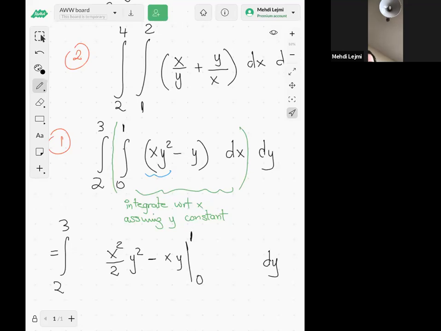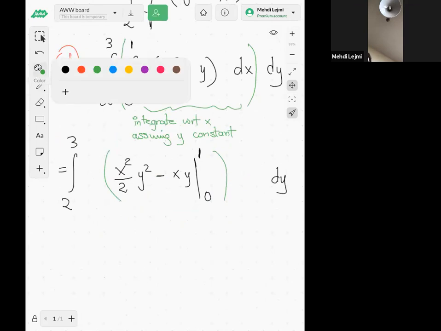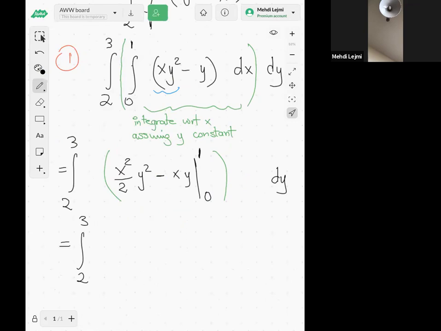Then we substitute x by 1 and then by 0. This is the integral from 2 to 3 of 1 squared over 2, y squared, minus, substituting x by 1, 1 times y. And now we substitute x by 0, so it's 0 squared over 2, y squared, minus 0 times y.